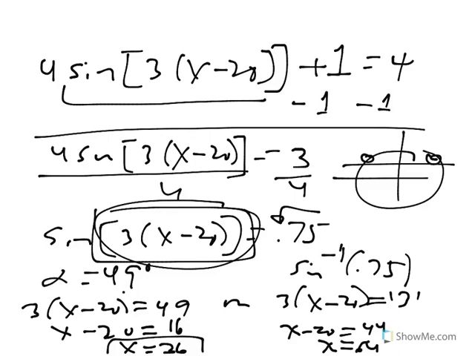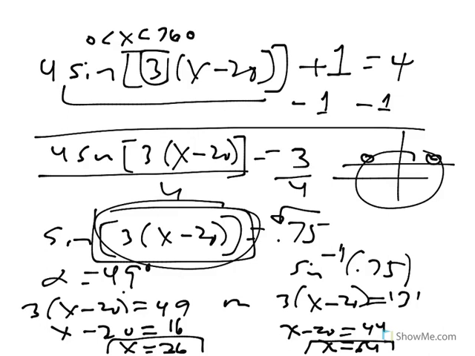So these are the two more obvious answers. But actually, there aren't just two answers to this question. And I want answers that are between 0 and 360. So usually there's two answers.